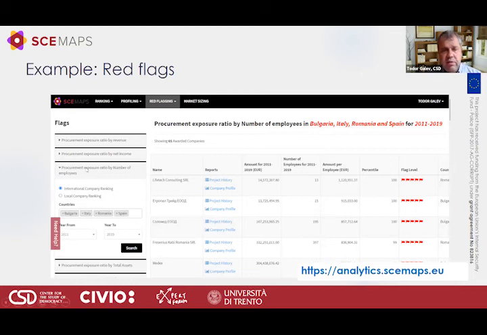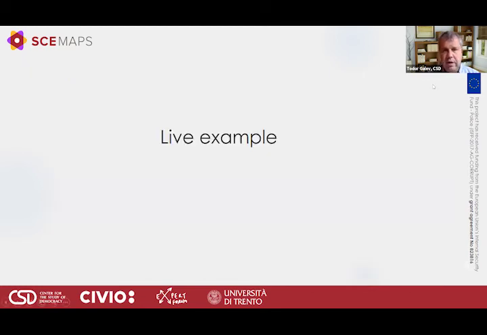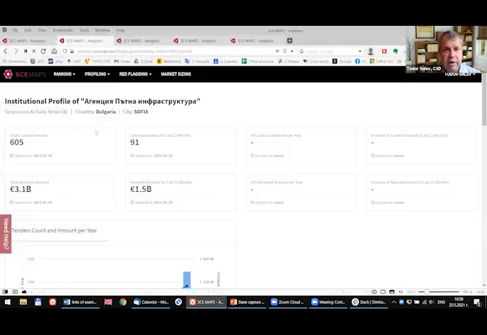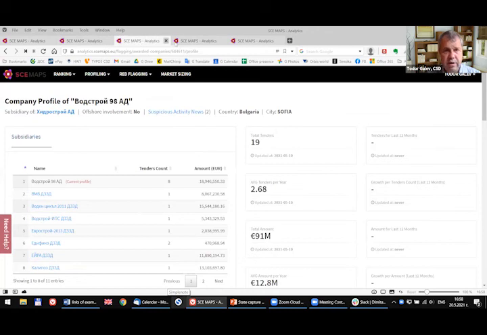As I said, when you use red flags, it gives you a picture like this, where the companies are ranked according to the red flags. You can see the red flags in one of the columns of the table, and I just want to show you some live examples.